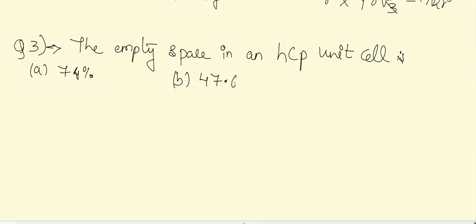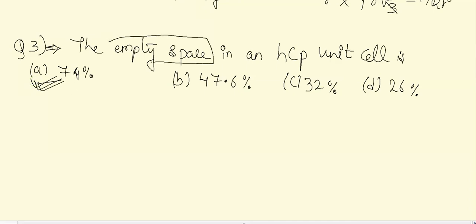Read the question two to three times before answering this type of question, because it generally deceives students. It is asking for the empty space, and in a hurry the student will readily tick the answer 74%. But it is asking for the empty space, not the space occupied.